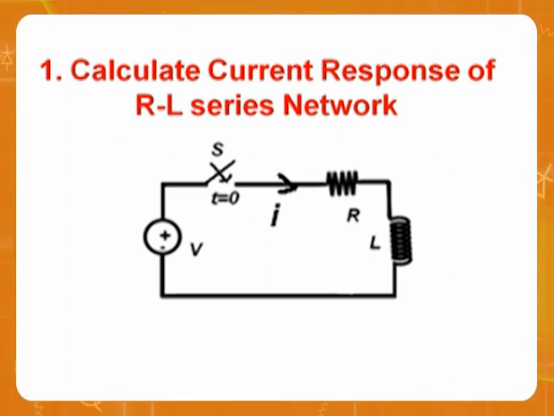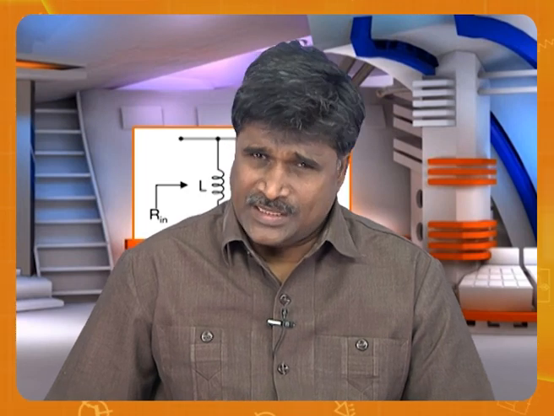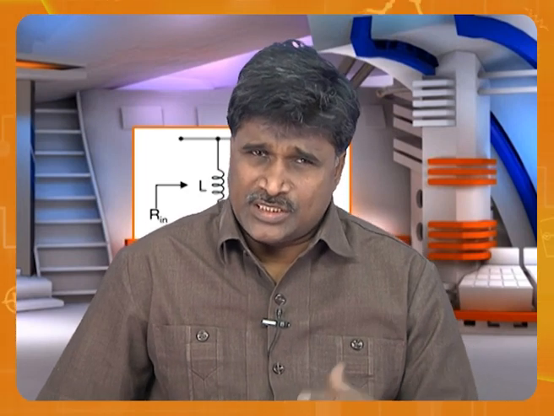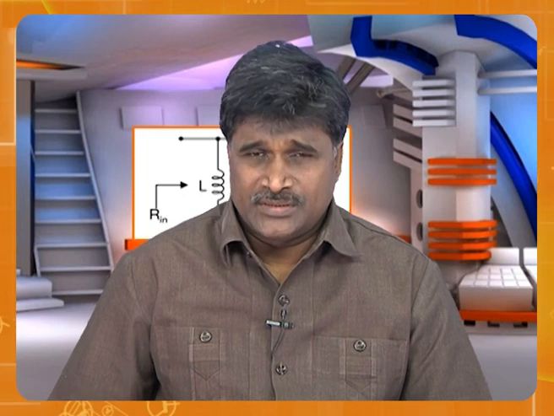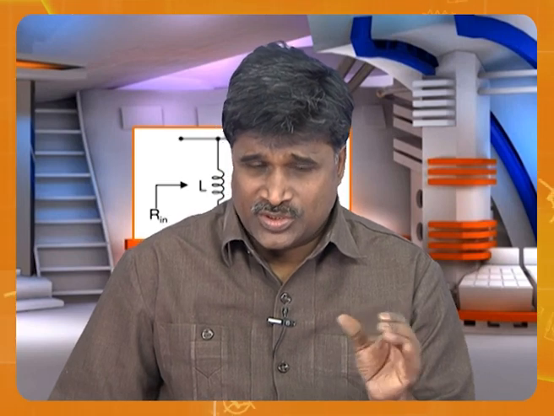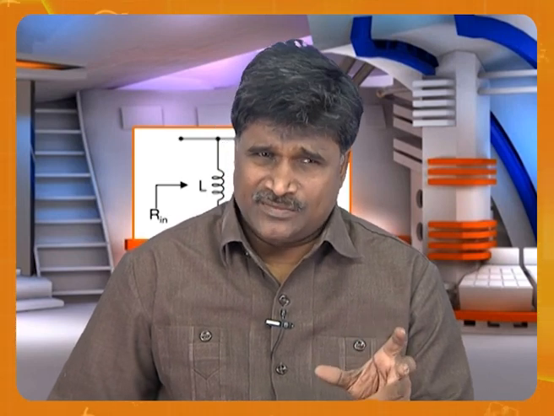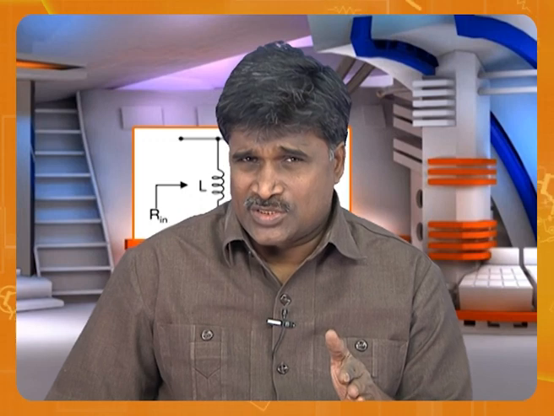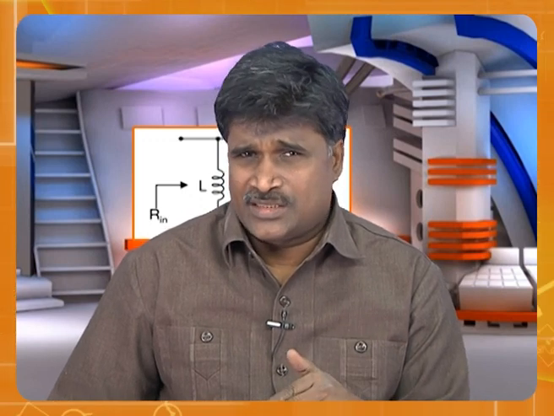To analyze any circuit, we have basically three important things. One is t equal to 0 minus, second is the circuit at t equal to 0 plus, third is any time after 0. When you say 0 minus, you should see how L and C are reacting. At 0 plus also you should see how L and C are reacting.